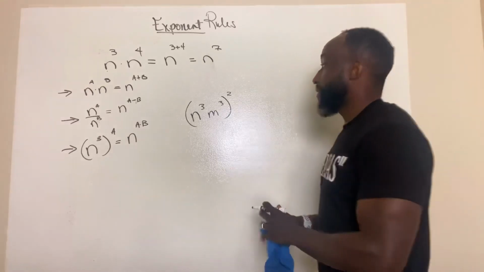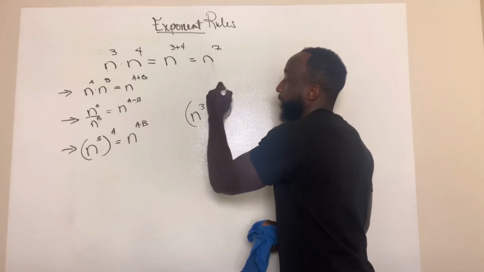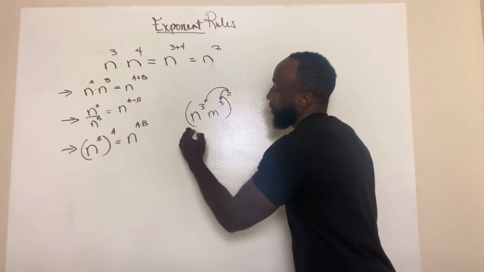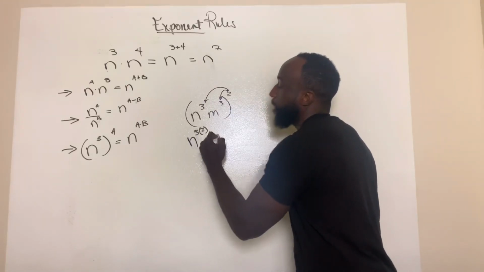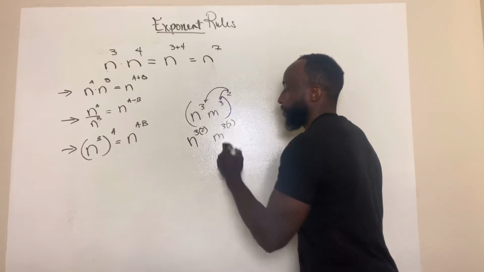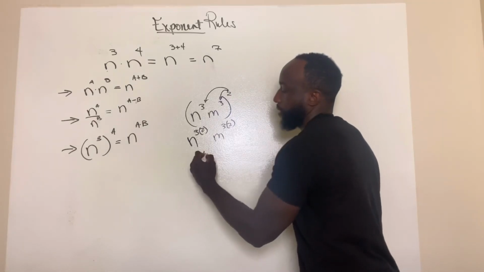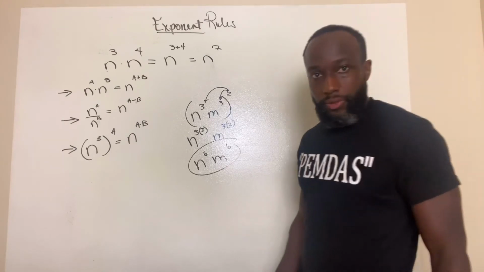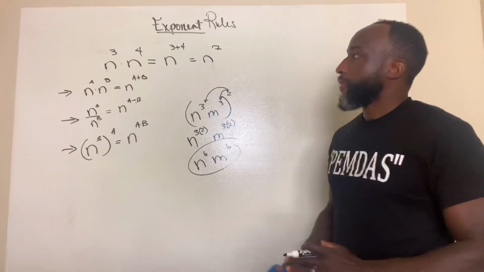In this case, you're going to distribute this 2nd power to everybody. So it's going to be n to the 3rd times 2 and m to the 3rd times 2. That's going to give you n to the 6th, m to the 6th. Okay? You feel me? And that's pretty much it.